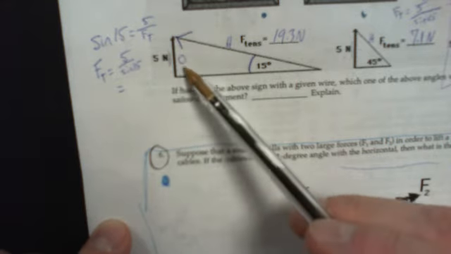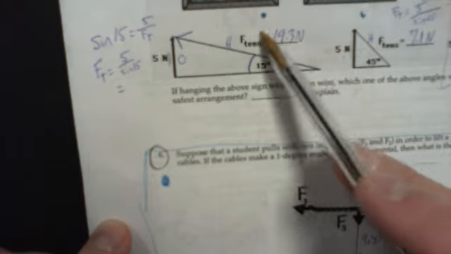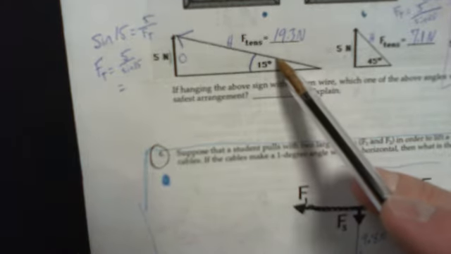I'm not going to spell the whole thing out for you. But once you do the trigonometry there, you realize that the hypotenuse here is 19.3 newtons. The tension is higher than the weight of the sign, which might be a little bit surprising as well. Okay, so 19.3 newtons is the hypotenuse.